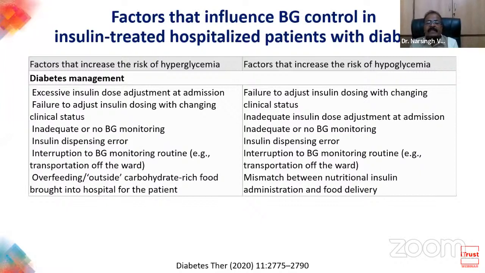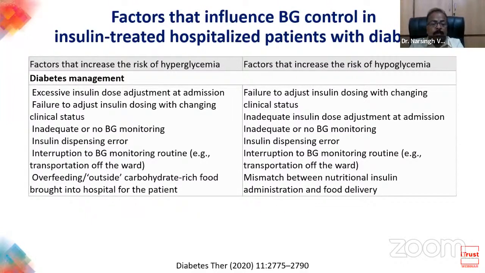Factors that influence blood glucose control in insulin-treated hospitalized patients with diabetes. Here, in diabetes management, the factors that increase the risk of hyperglycemia are excessive insulin dose adjustment at admission, failure to adjust insulin dosing with changing clinical status, and inadequate or no blood glucose monitoring. That is one reason. And insulin dispensing error is very, very common, because that requires a lot of education.